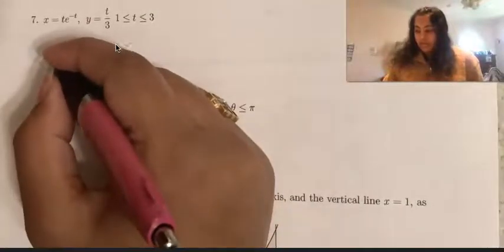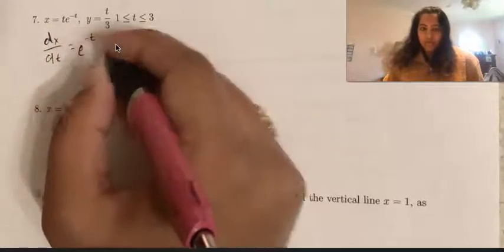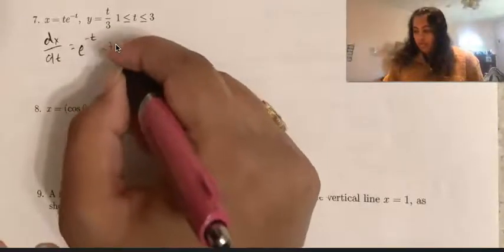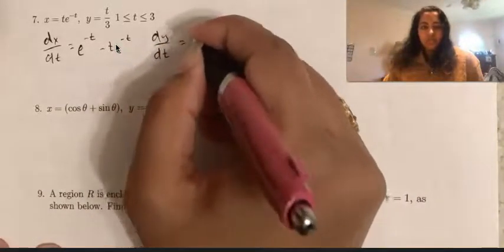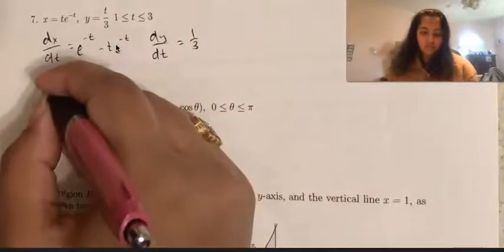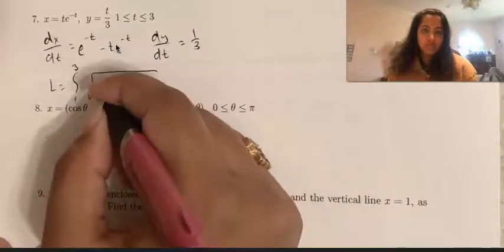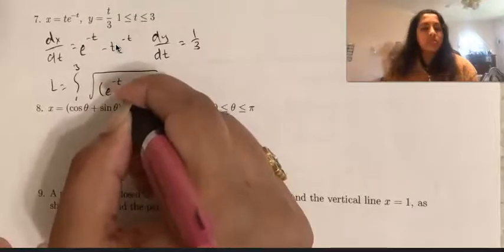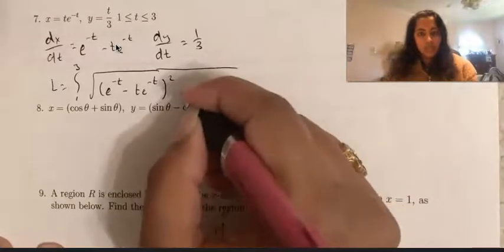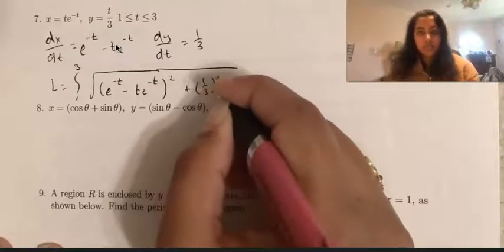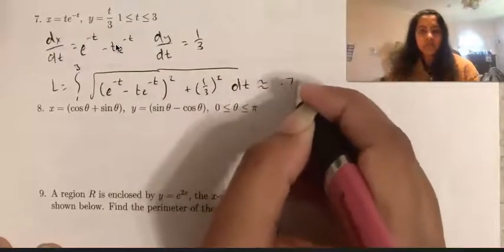So for number 7, dy over dt equals 1/3, which is pretty easy, and then dx over dt is the product rule with the chain rule for the negative. Then you just plug it in and you get around 0.704.